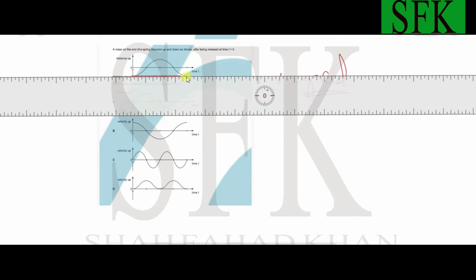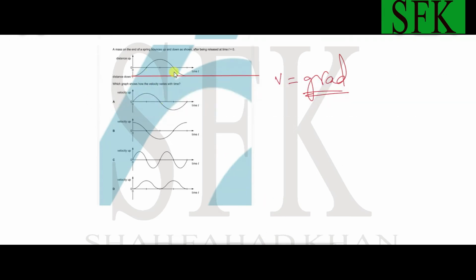A horizontal line always has a gradient of 0. So this means that initially the velocity has to be 0. So it can be A, C or D. B cannot be the answer, so B is ruled out.